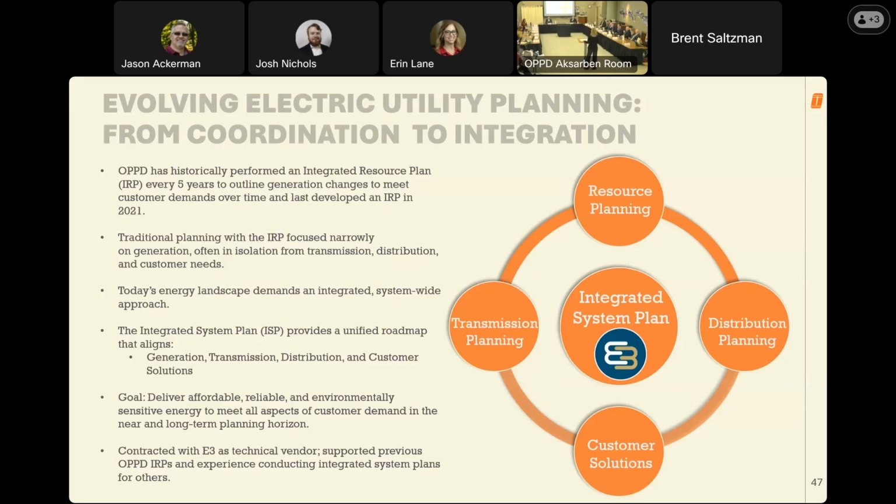Very recently, a handful in the industry have started to recognize that the interdependence of resources, transmission, and distribution are very important, and that those planning functions should really be coordinated and more integrated.